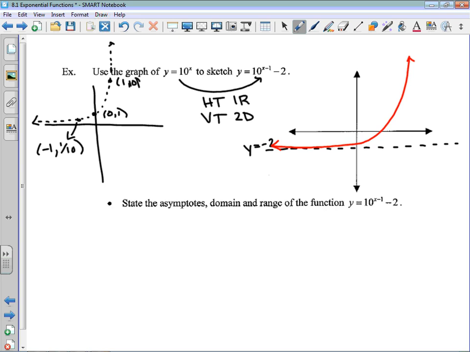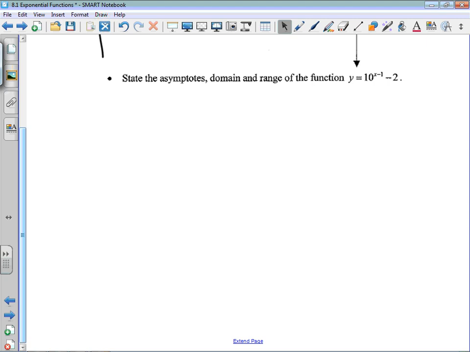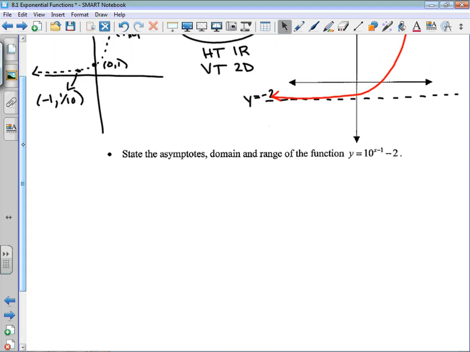Being able to go from a function to talk about the asymptotes, domain, and range, and so on, the graph is useful for that. We're going to make sure we can see it at the same time because the asymptotes are pretty easy. There is no vertical asymptote. We'll write that down. It does not exist. But the horizontal asymptote is at y equals negative 2. For the domain and the range, the domain is that x is an element of the real numbers.